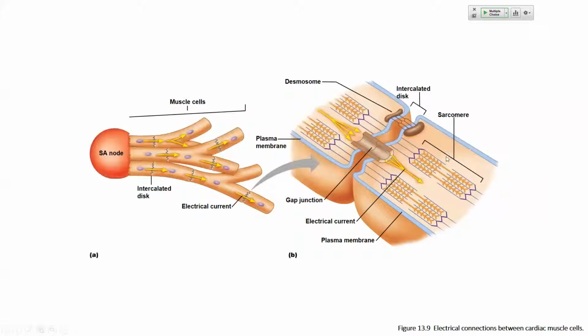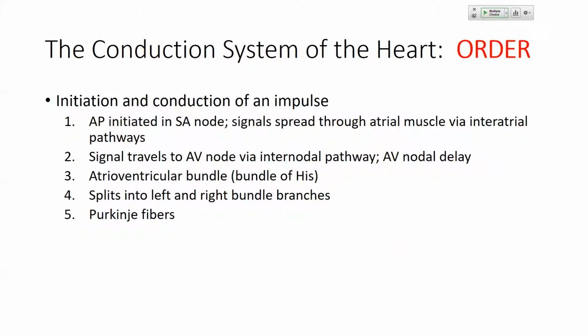So there's actin and myosin, just like we saw with skeletal muscle, and they are arranged in that parallel formation, which is the sarcomere. Okay, so that's also present in this tissue. And we want to understand that when we start talking about the excitation-contraction coupling of cardiac muscle. Okay. So let's talk about the conduction system, and let's look at the order of conduction.